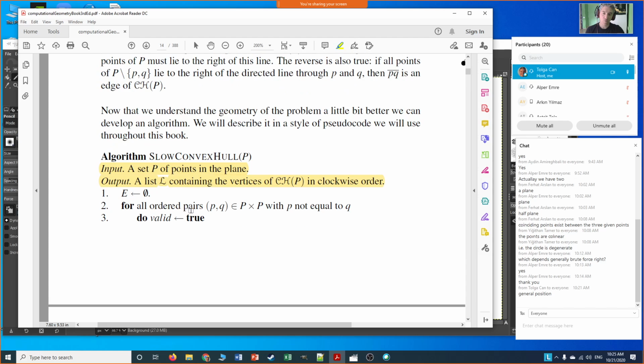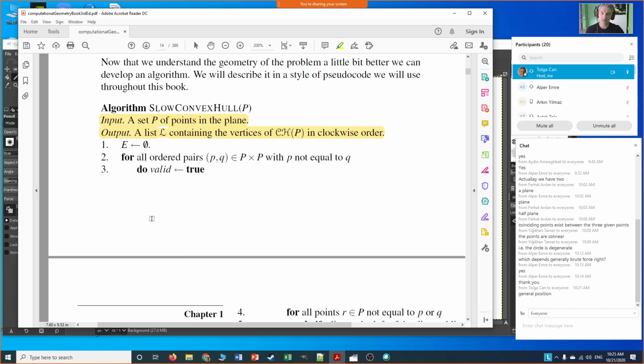Now, for all ordered pairs PQ in the Cartesian product P × P, we look at all the pairs of points in which P is not equal to Q. We are not looking at PP or QQ. And for this, we do the following statements.